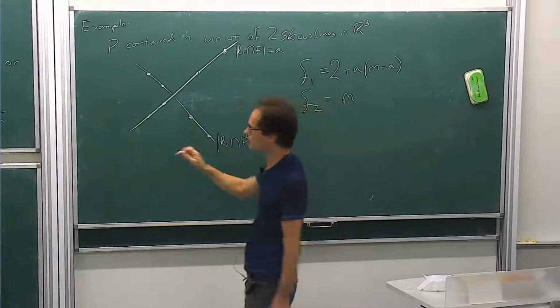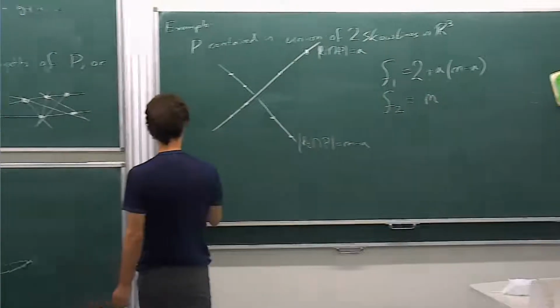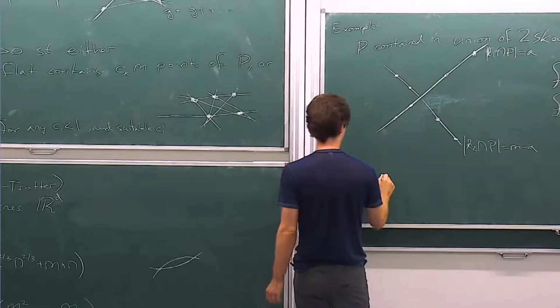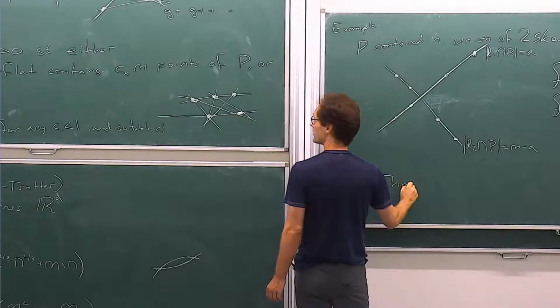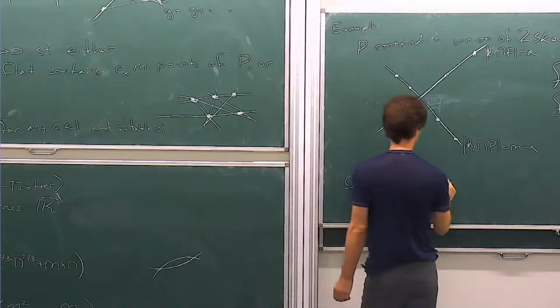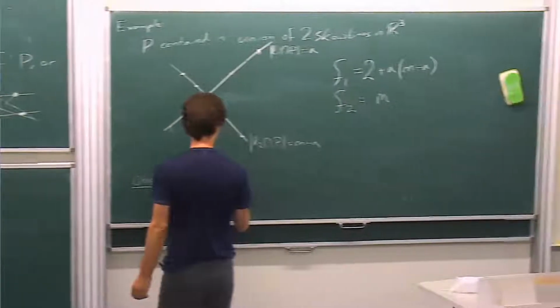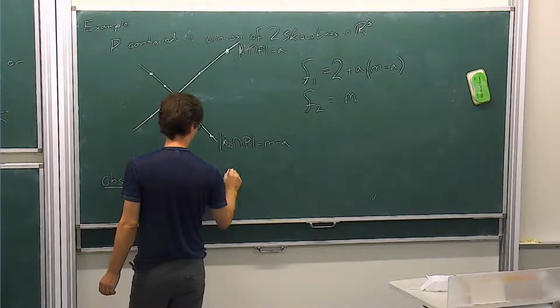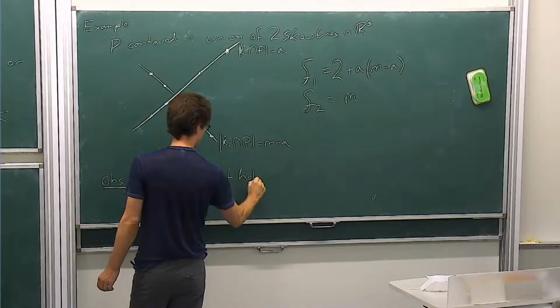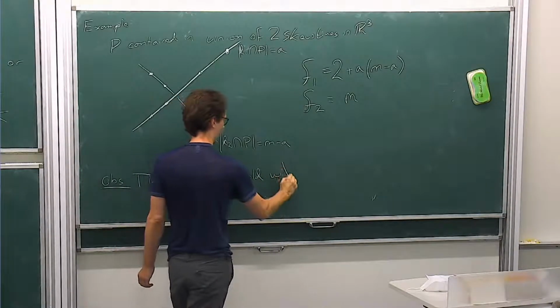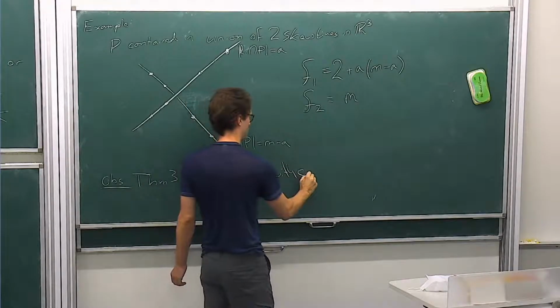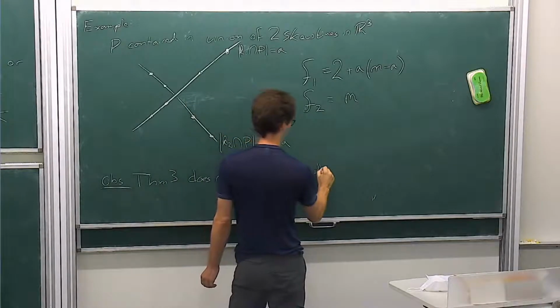So this immediately implies that Theorem 3 does not hold true with C_K equals 1/2.